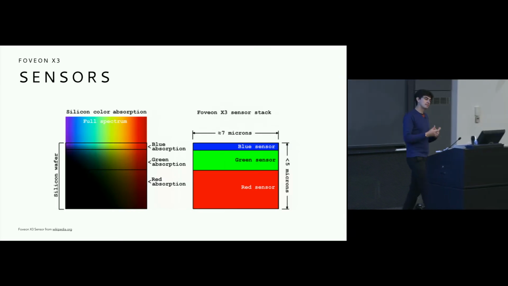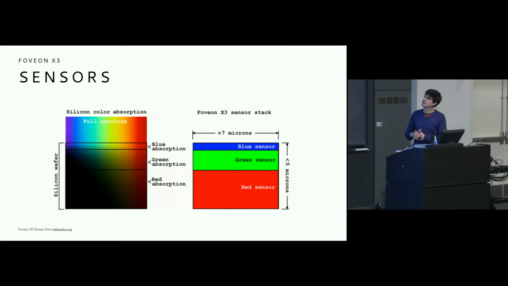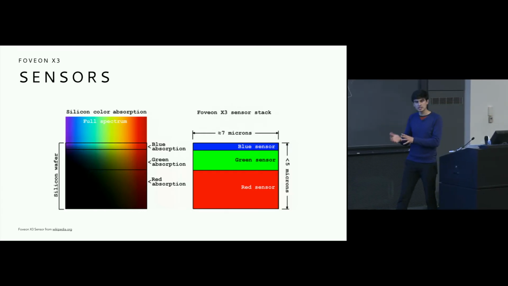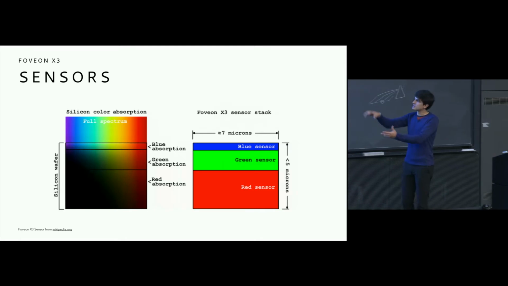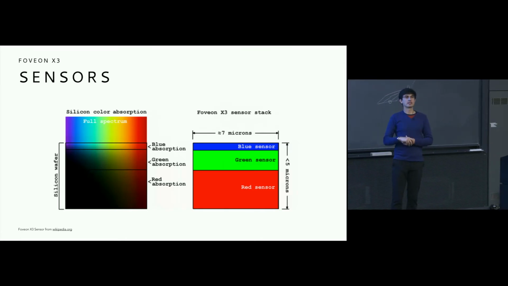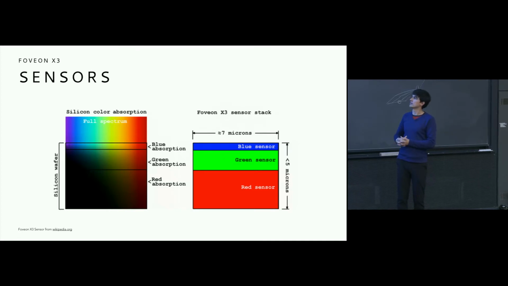So there still has to be some mathematical trickery to try to figure out precisely what the value of blue should be, precisely what the value of green should be from this entire clump of silicon and photodiodes.